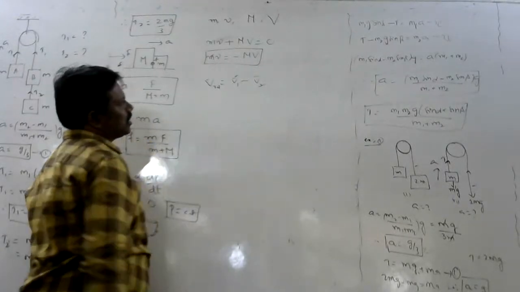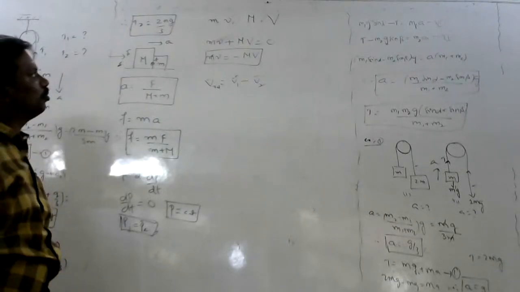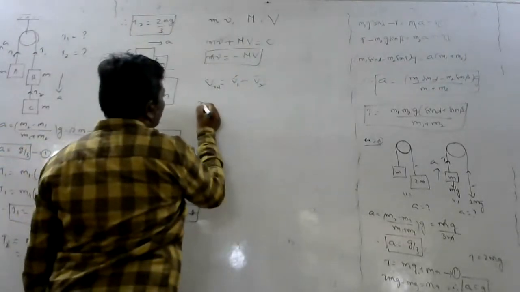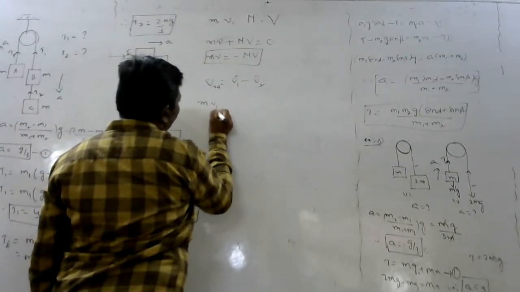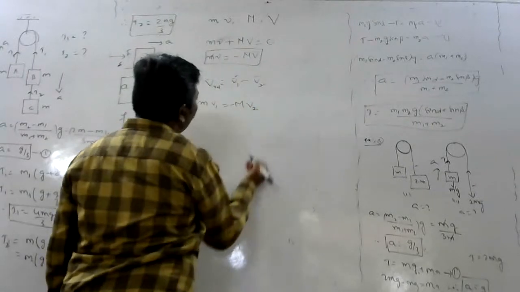From the equation, small m into V1 is equal to minus capital M into V2.